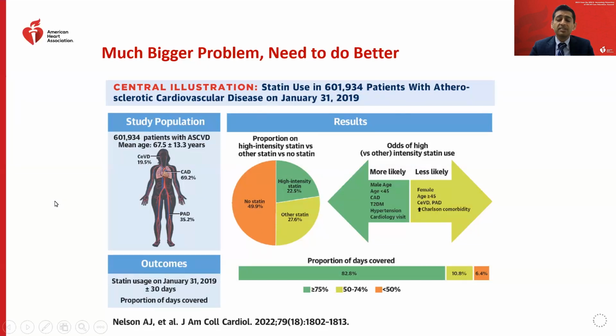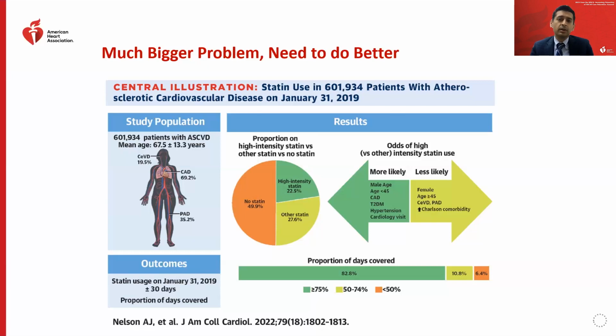Only 22.5% were on high intensity statin, and outside of statins, 27.6%. Those less likely to be on statin were females, those with a lot of comorbidities, or those with cerebrovascular disease or PAD. So these are very high risk patients that are not covered with one of the most foundational therapies. So we need to do better as a society.